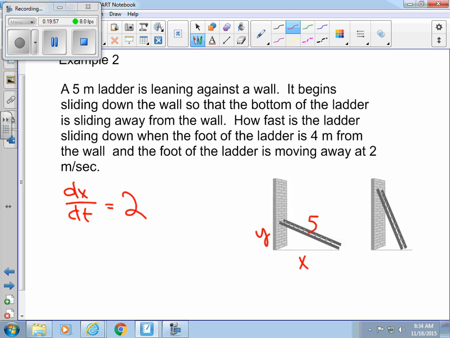Now, positive or negative? Well, that distance is increasing, correct? So that's a positive value. I want to know dy/dt.